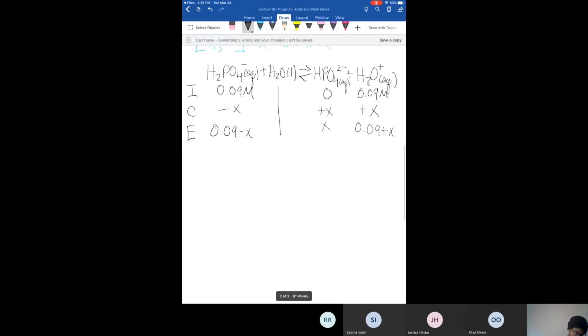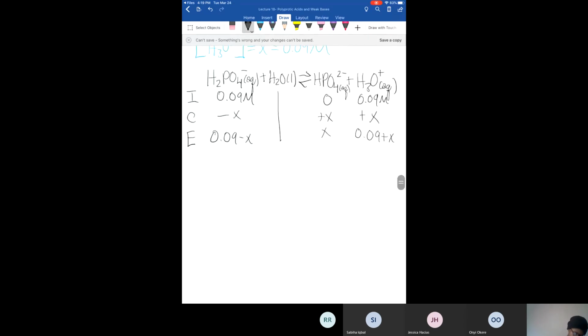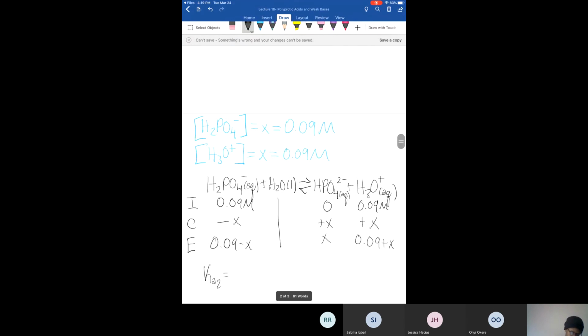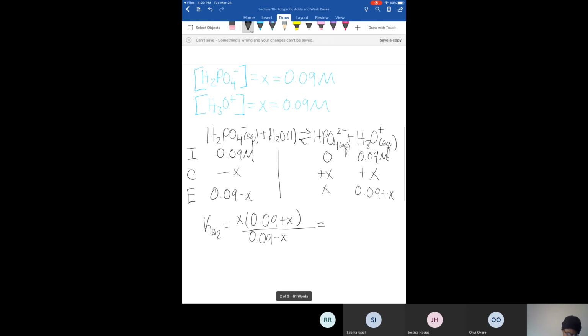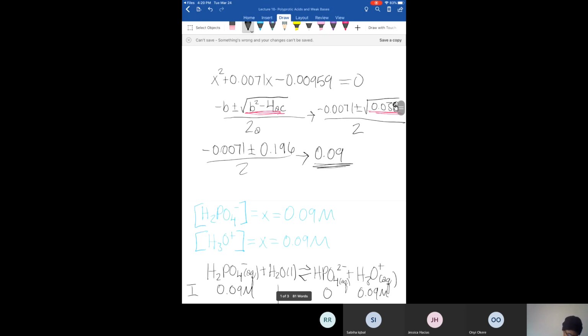And then your Ka expression for the second one is, oh, I didn't write the expression for the first one. I'm actually not going to write the expressions, but I will write it out like this, and that would equal the Ka value, which is 6.3 times 10 to the negative 8.